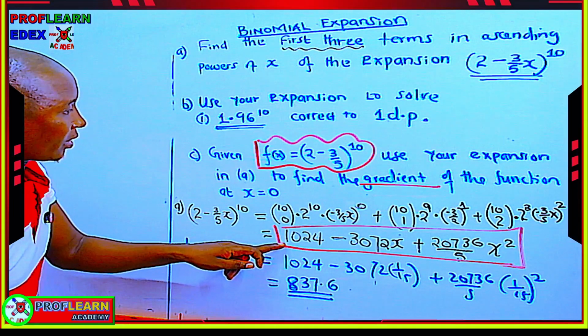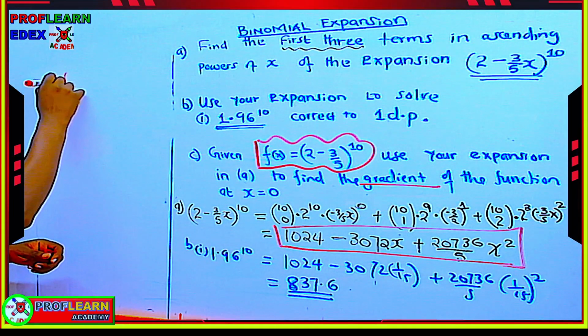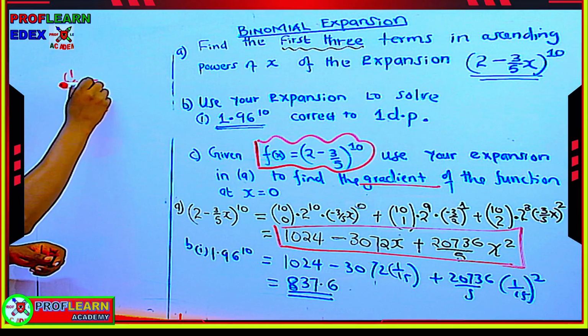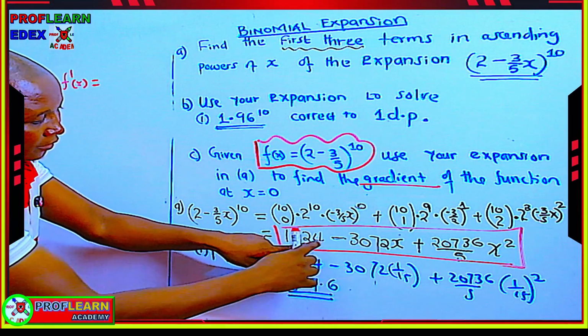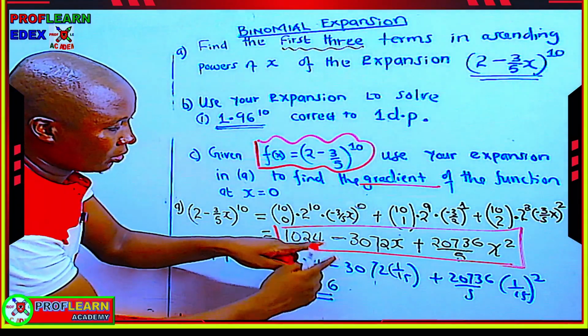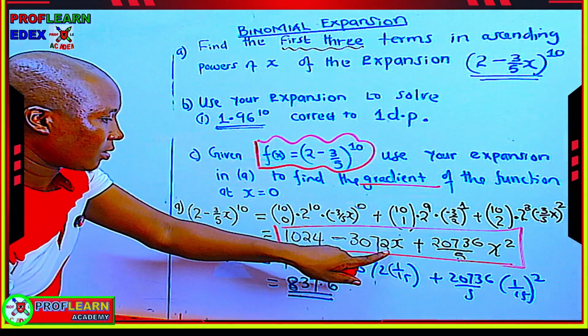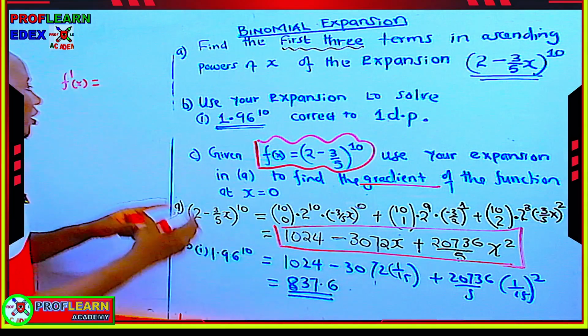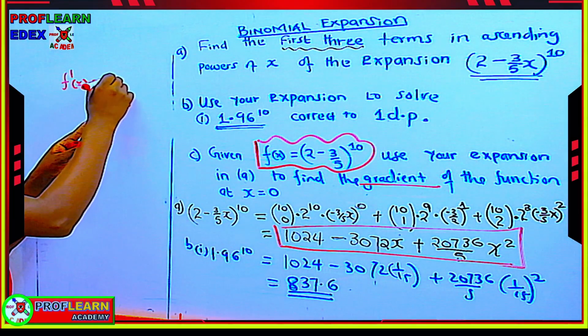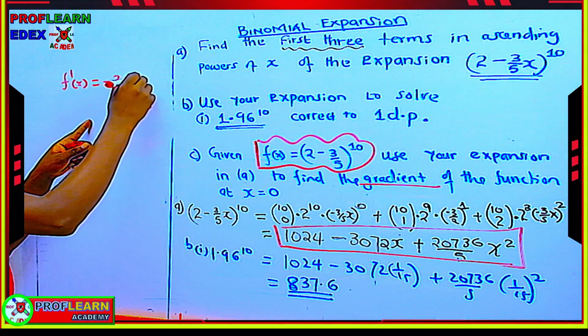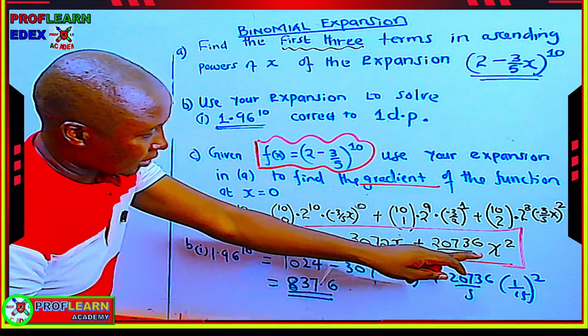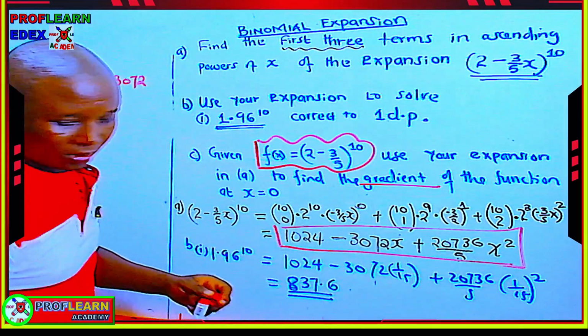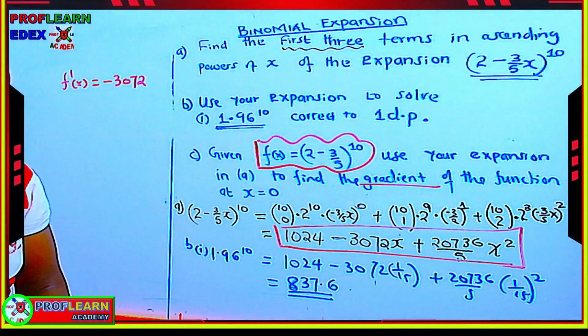So f prime of x is going to be equal to, this is a constant, if you differentiate it, you are going to get 0. This one is 72x, so if we differentiate it, we are going to get negative 3072.